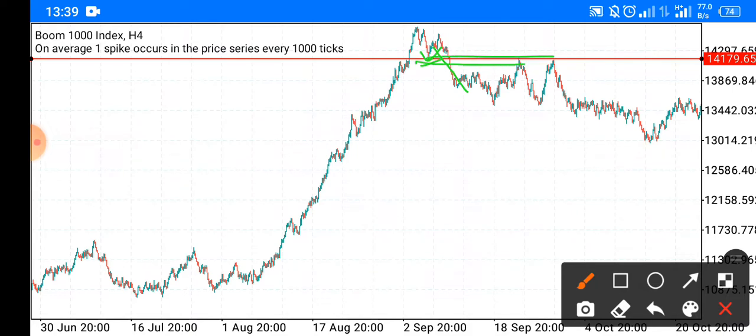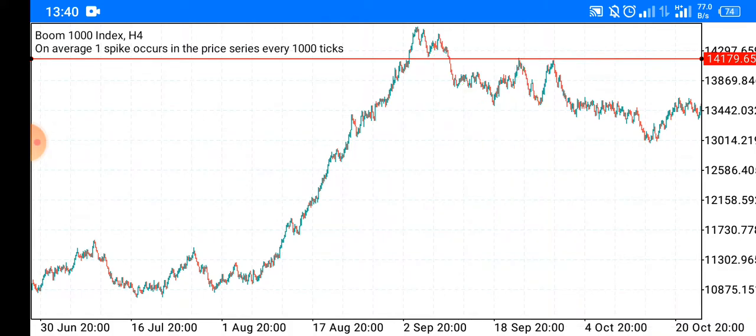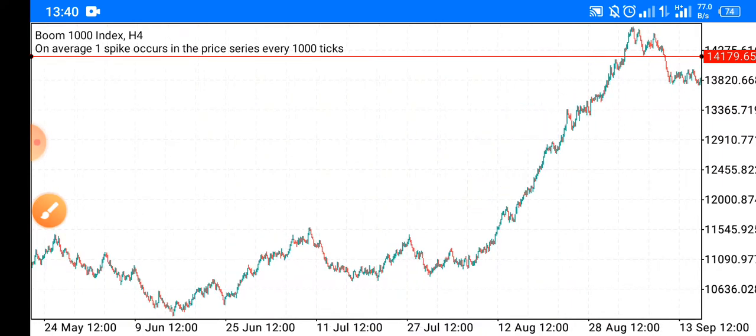Okay, so as I had said, when a support is broken, this line here is going to be acting as a resistance. So let's check here. When the price retraced back to that level, it got respected, and the market continued going down, right? I think everyone can see that.